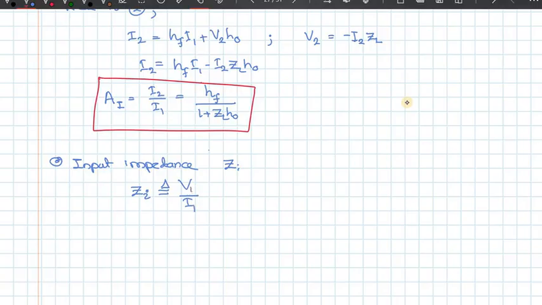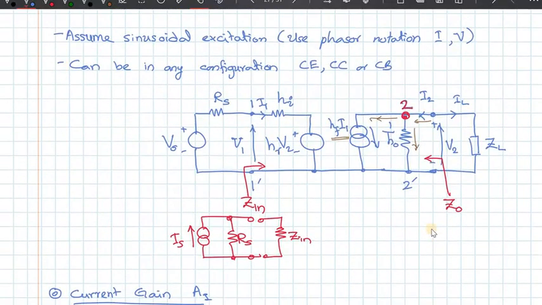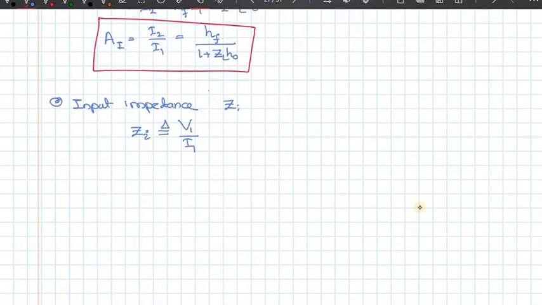If I apply Kirchhoff's voltage law to the input side, V1 is equal to this plus that. This is I1 times HI, this is HR times V2. So V1 is equal to HI I1 plus HR V2.